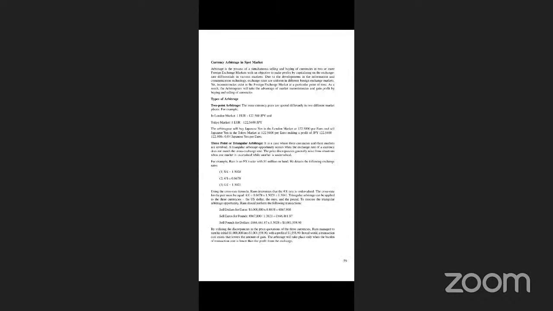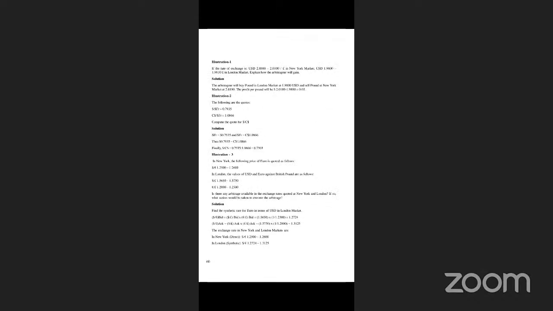Okay, then we have a few simple problems on arbitrage. Like you can see, the following are the quotes. Compute the quotes, very simple problems, in order to convert them, and explain the arbitrage, explain how the arbitrageurs will gain.